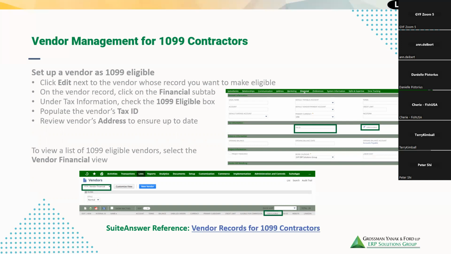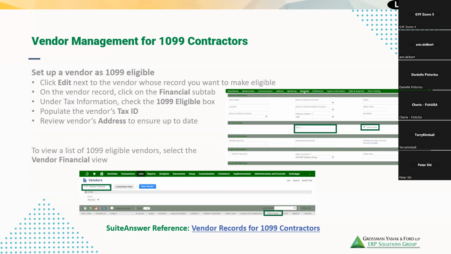What this will help you do is, whenever you are using those customized safe searches, they are going to be pulling information off of the vendor record itself. So it'll pull off the vendor's address along with their tax ID for all of the vendors that are flagged as 1099 eligible.